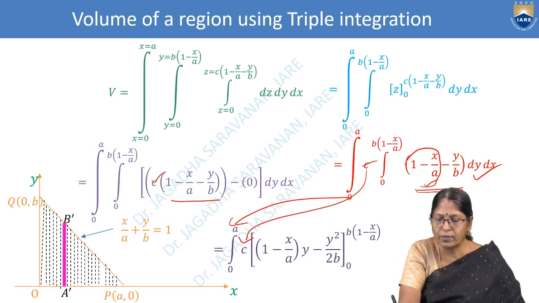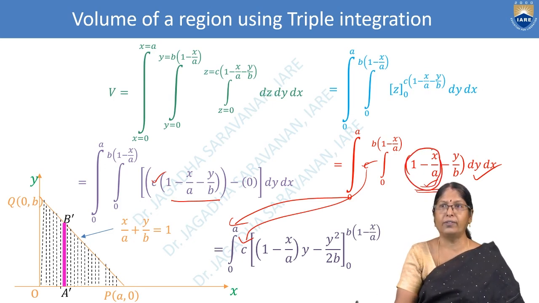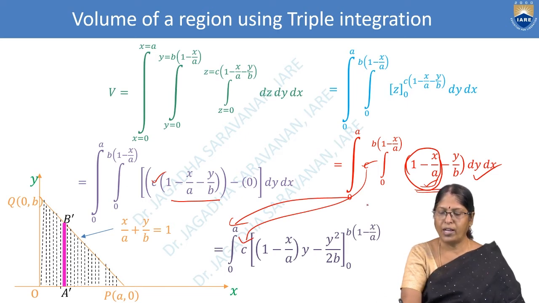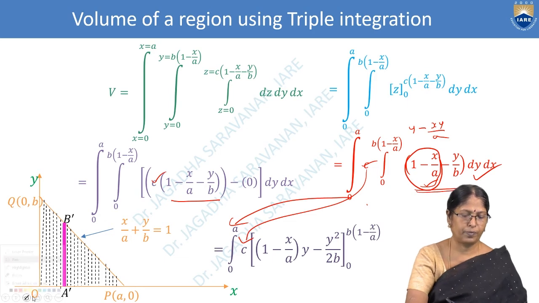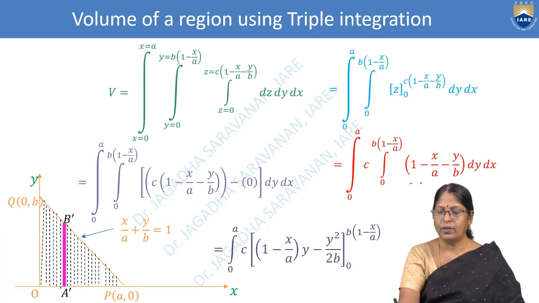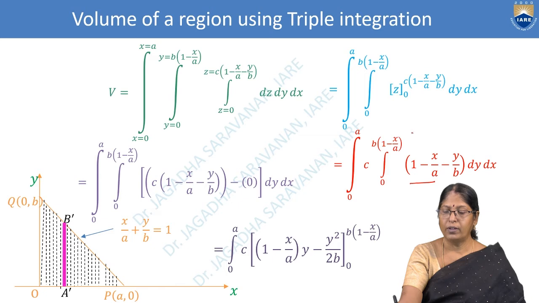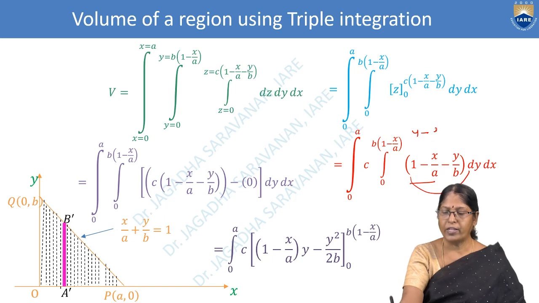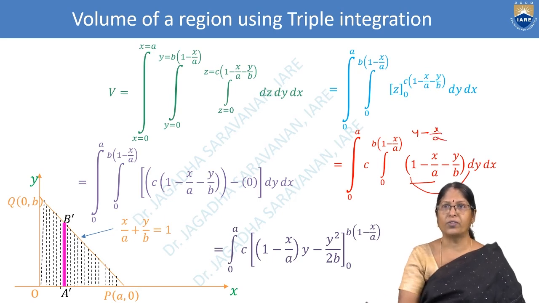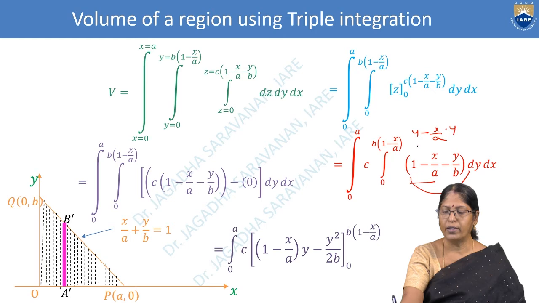This part we are taking as 1 − x/a. Otherwise we can separate it also. If you separate, y − xy/a will be coming. I will write it: the integral of dy is y, and x/a is treated as a constant, into y.